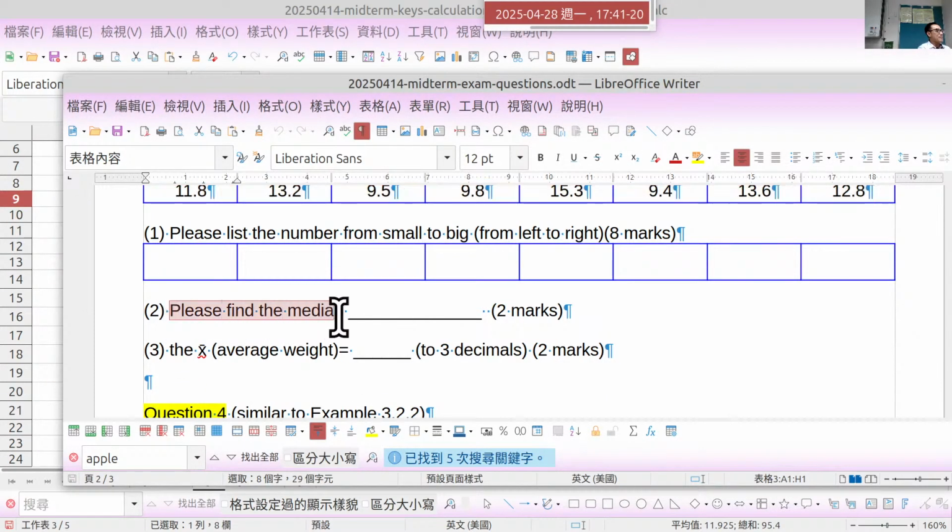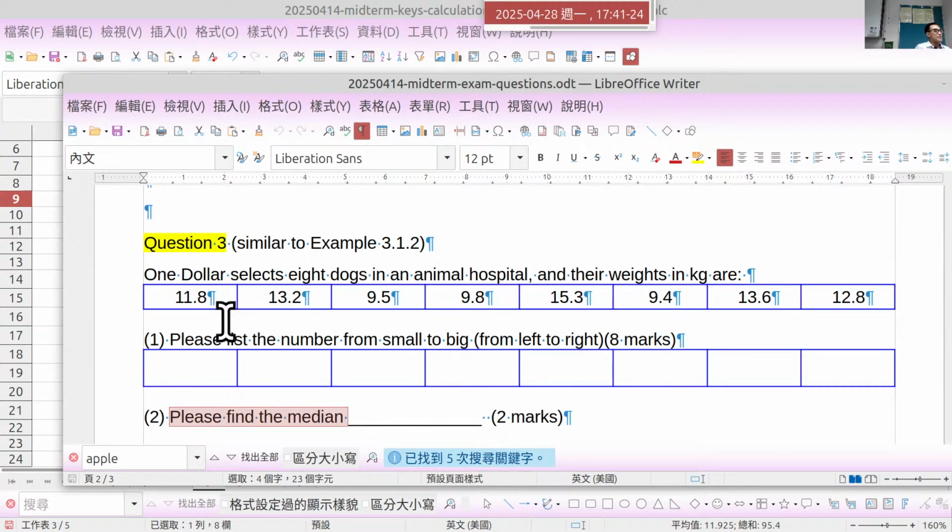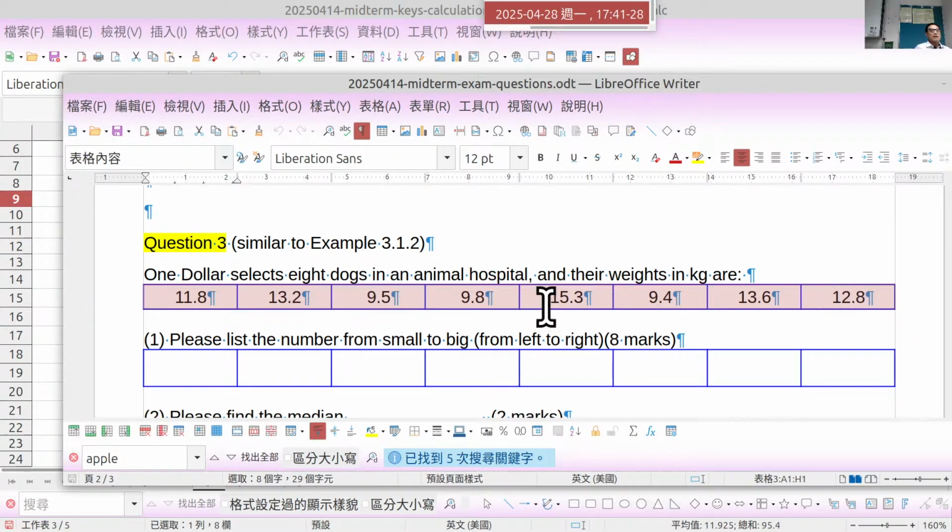Please find the median. Do you remember the definition of median? When the number of values is even, the median is the average of the middle two.